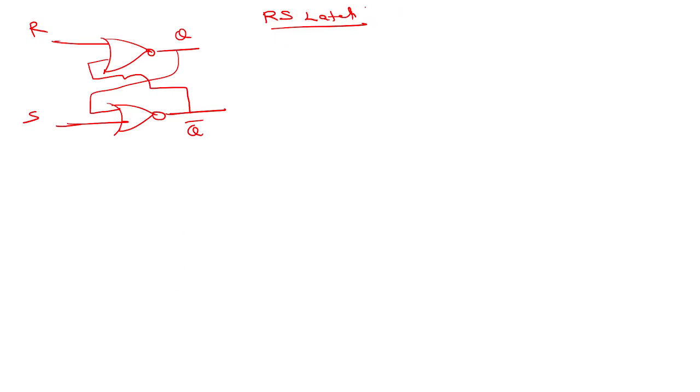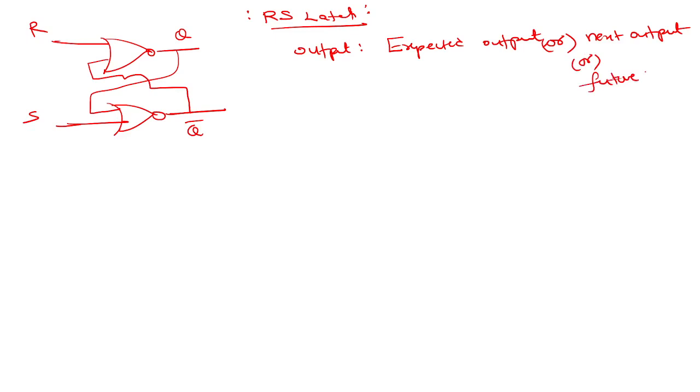The moment you enter sequential circuits, we know that the output depends on, when I say output, this means expected output or next output or future output. People will call it with different names, everything will be the same. They also represent it with the symbol Qn.